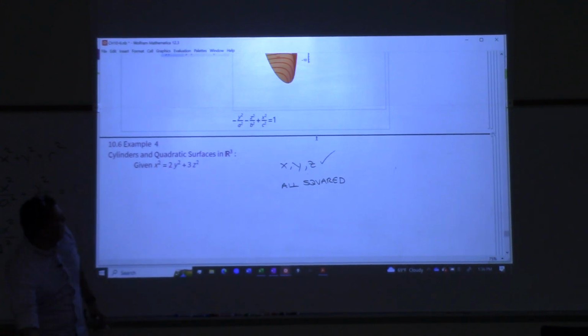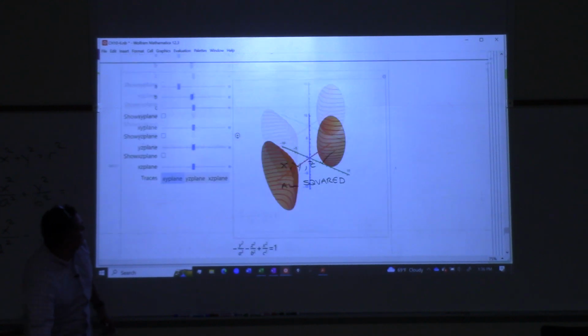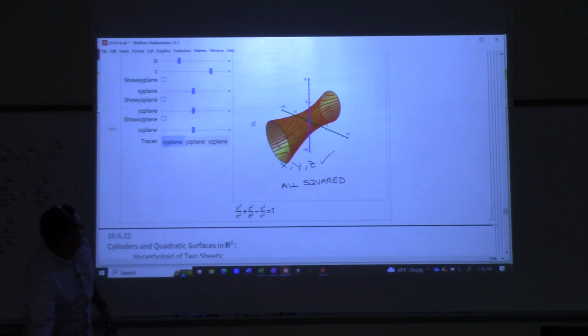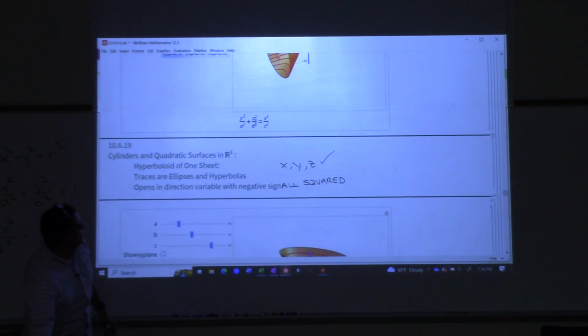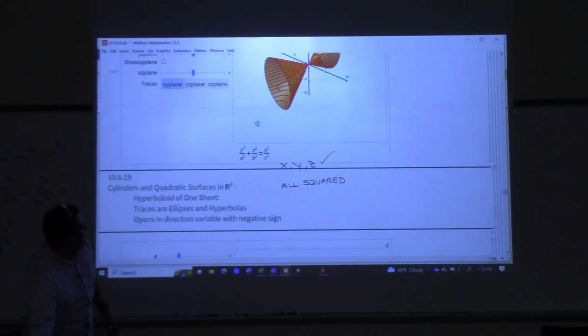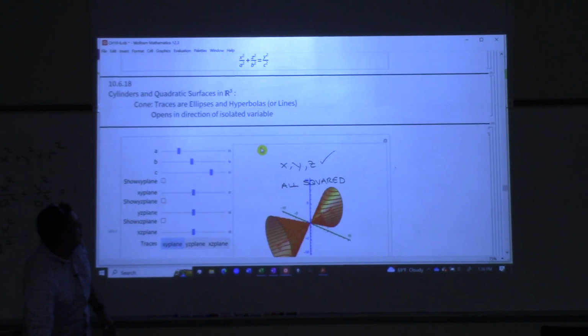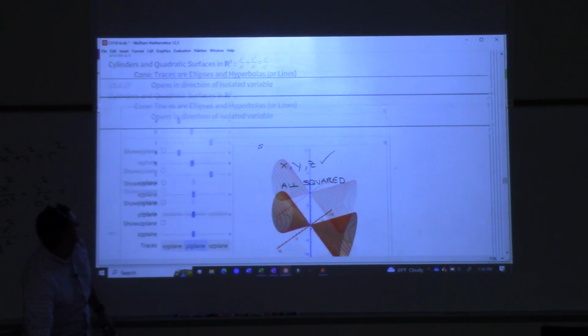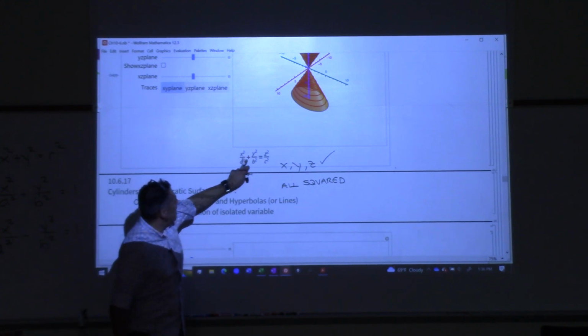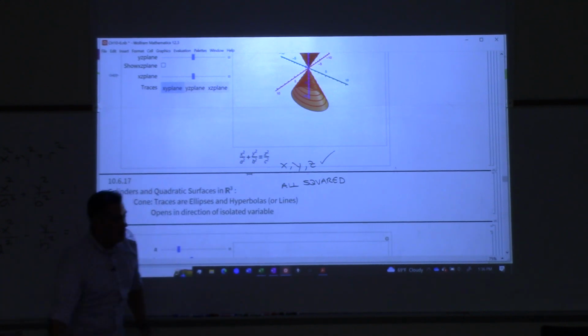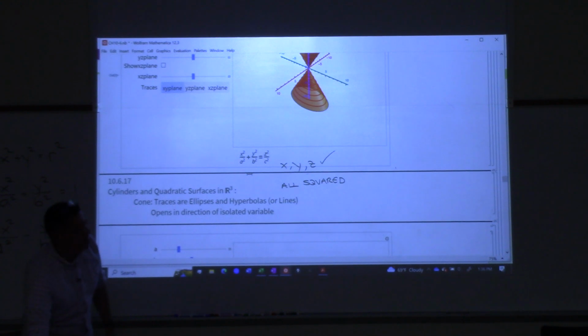Let me scroll back up and see if we can find that. 2 variables by themselves squared being added. There. Is that it? Was the other side squared? Yeah. Does this look like it to everyone? What was that? Cone? Right. 2 of the variables being added squared. Okay, so it should be a cone, right?